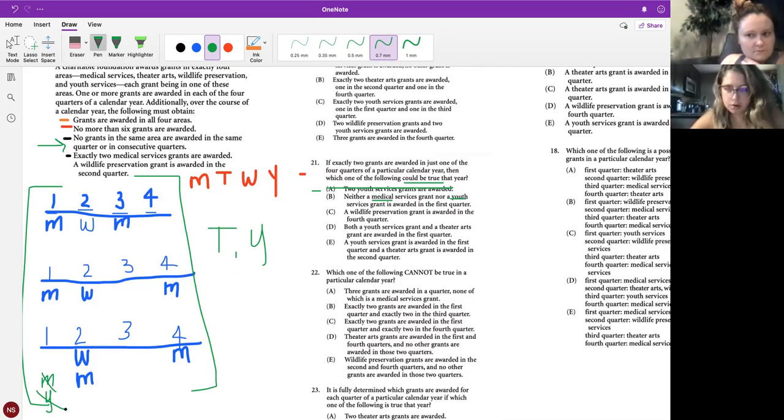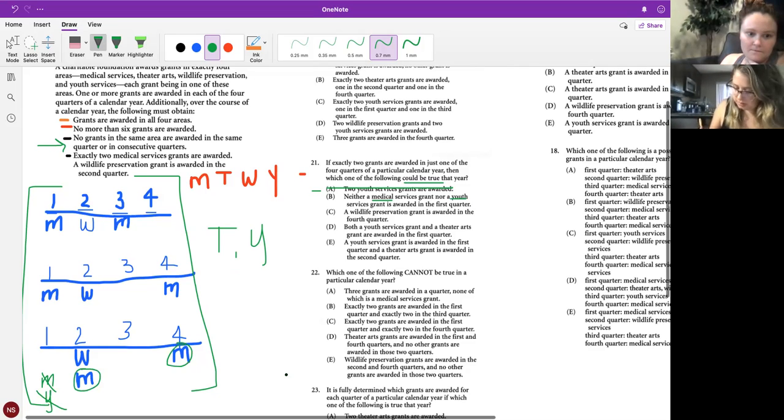No, because you need to have at least M. M has to be in at least one. But we could have M in 2 and 4, couldn't we? Oh, I didn't write that on my diagram, so I missed that third world. Oops.